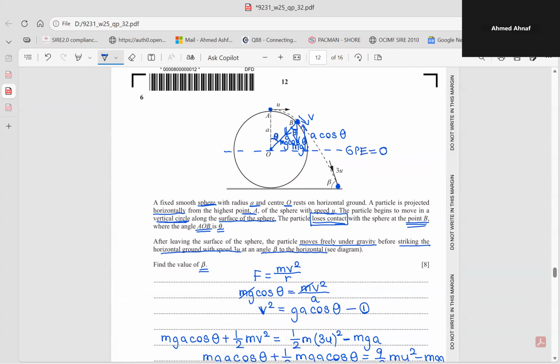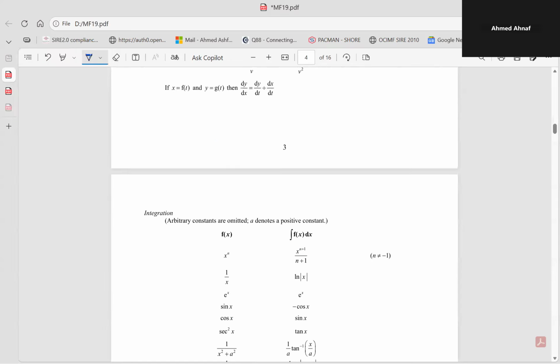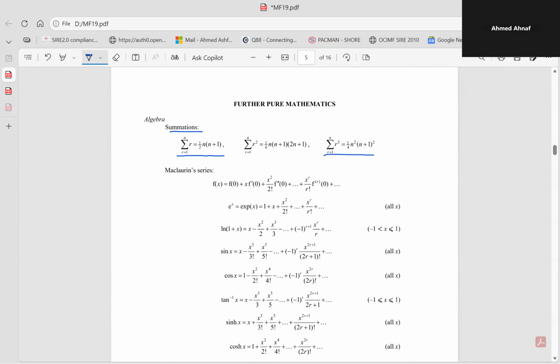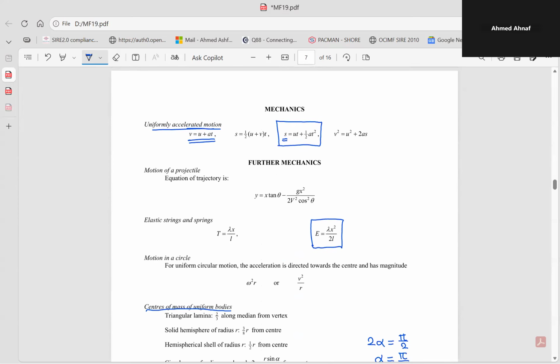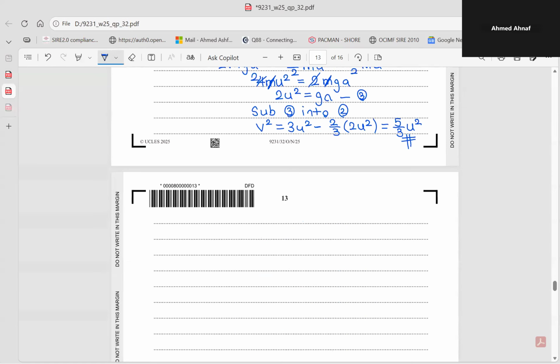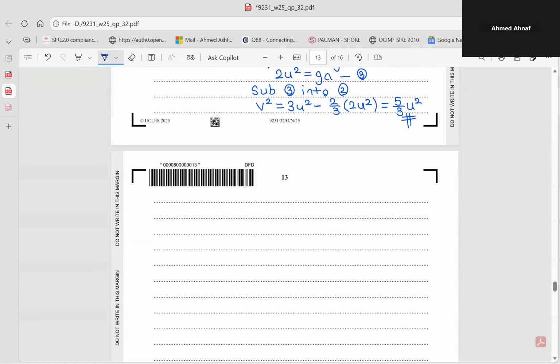Since we know the initial and final velocity as well as the vertical distance that it dropped, we can use this formula right here, V squared equals u squared plus 2as, to solve. This is the projectile part, where we solve our second part.